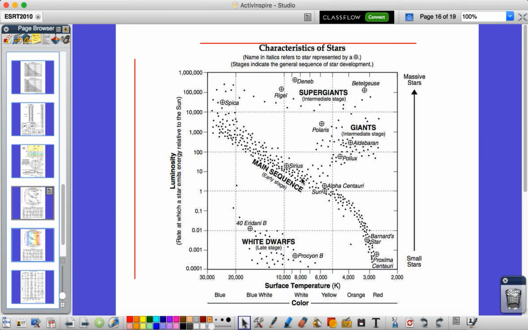Now, you'd think that when you graph a whole bunch of random stars, you get random distribution of points on your graph. But Hertzsprung and Russell did not get that. You'll notice the stars appear in distinct bands on the graph. We have a very distinct band right along here, which most of the stars appear in.